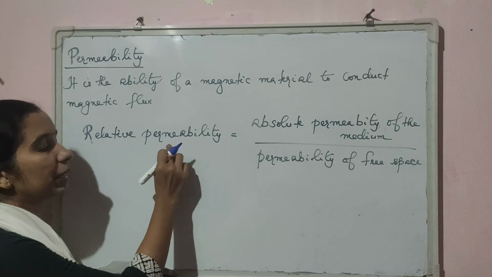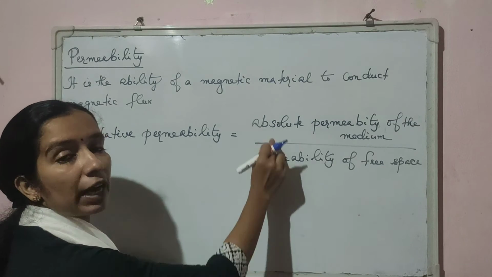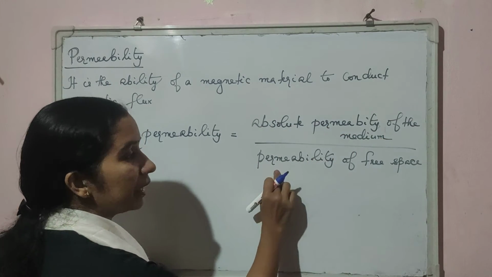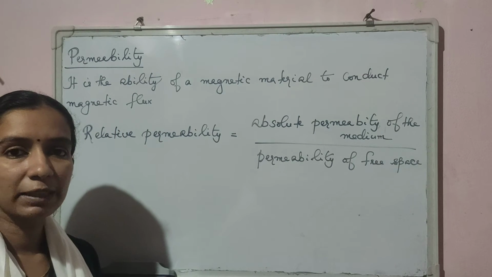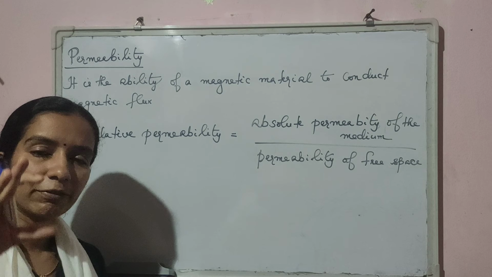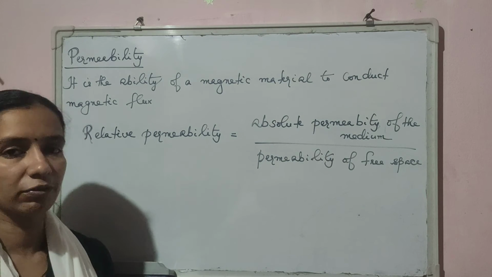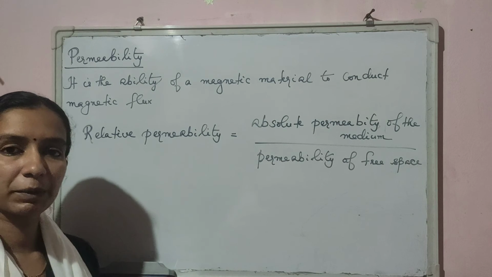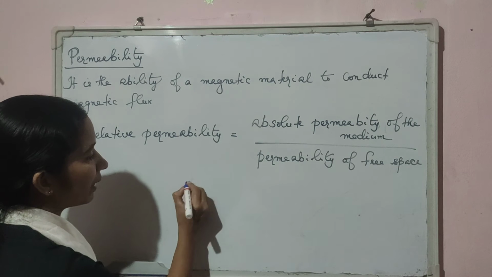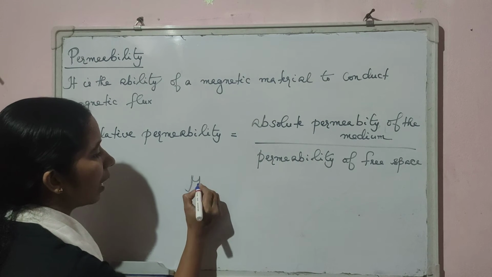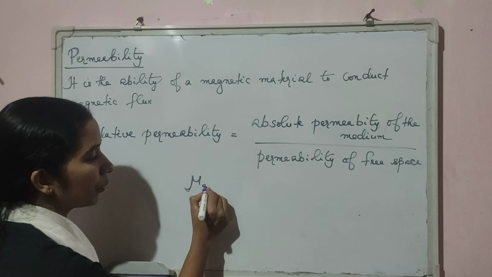So relative permeability of a medium is the ratio of absolute permeability of that medium to the permeability of free space. So relative permeability means absolute permeability of any material expressed as a fraction of the permeability of free space. Relative permeability can be represented as mu r, mu suffix r, not mu into r.